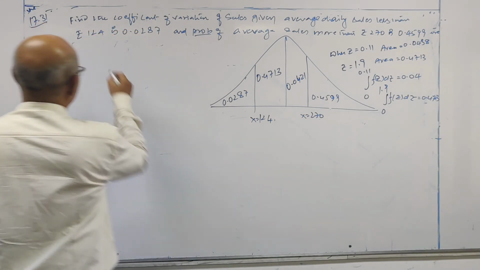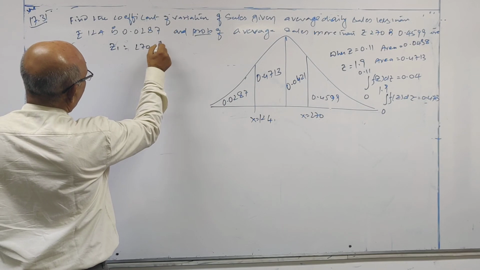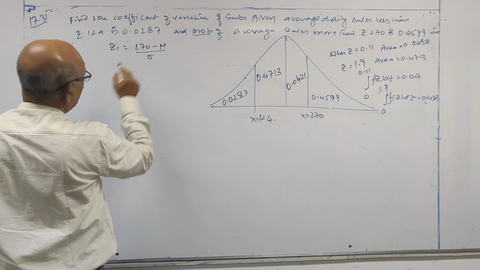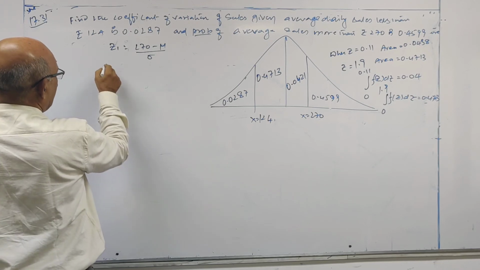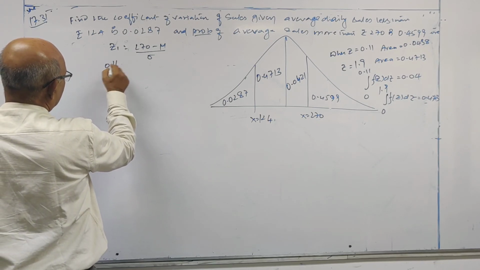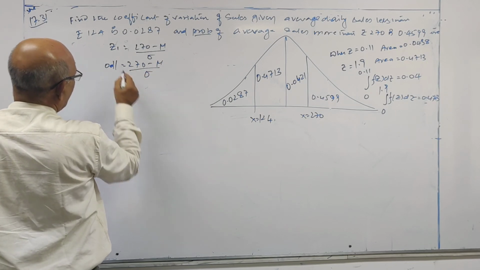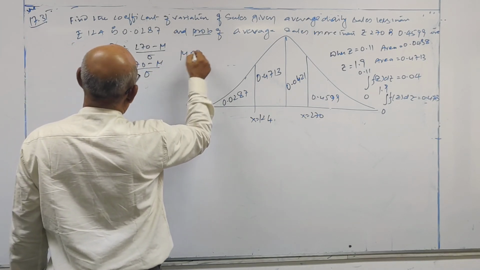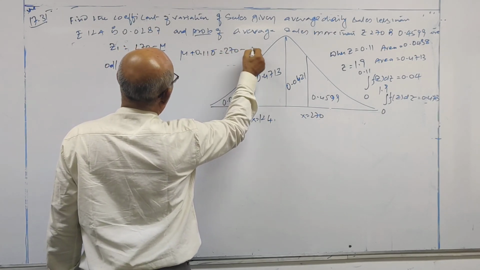Look at this. Z1 is equal to (270 minus mu) divided by sigma. This can be replaced with 0.11 on the right hand side. So mu plus 0.11 into sigma is 270, equation number 1.